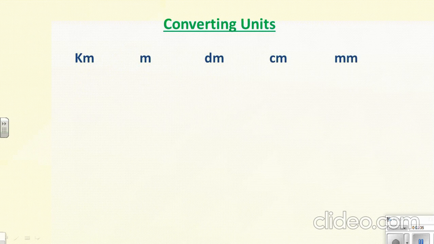From kilometers to meters, we multiply by 1000. From meters to decimeters, we multiply by 10. From decimeters to centimeters, we multiply also by 10. From centimeters to millimeters, we multiply by 10.